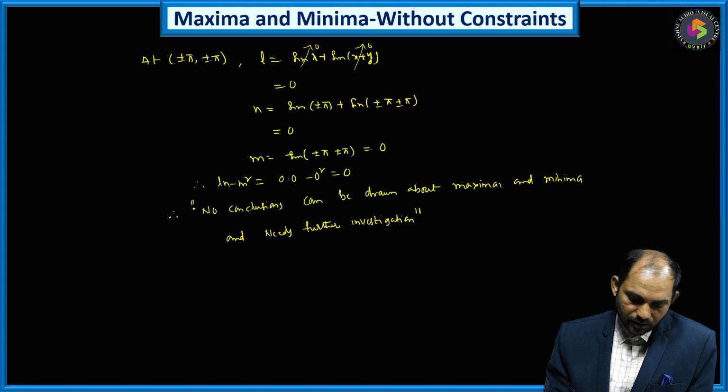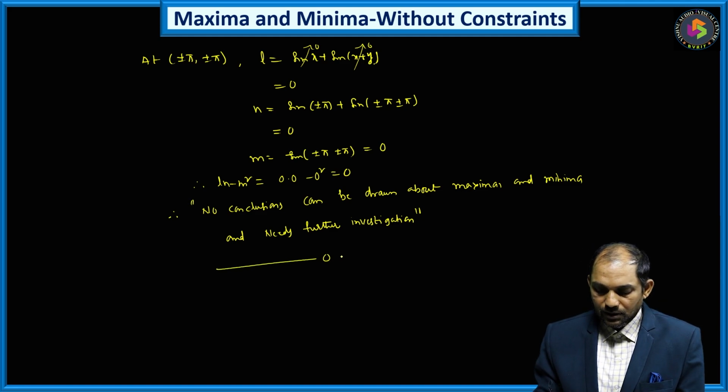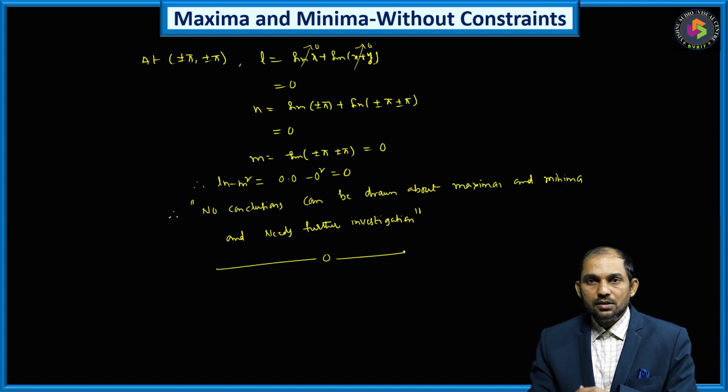This is taken from the working rule. So this is the example for a function without constraints.